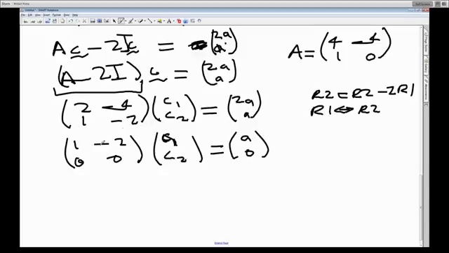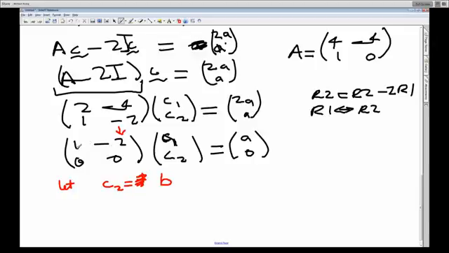What I would do is look at all the columns here which don't have a leading entry, which is this column here. Then I would let the corresponding variable, in this case C2, be a parameter. Let's call it B, sensible names.